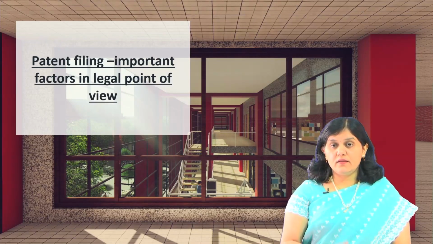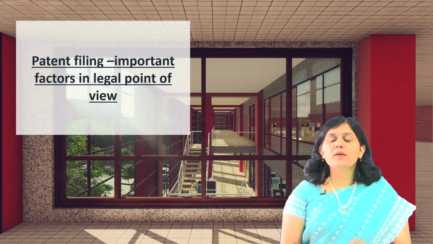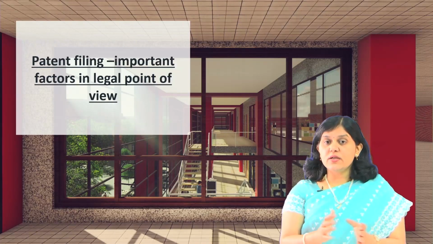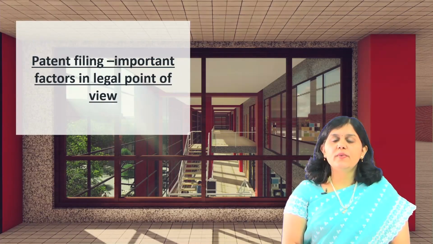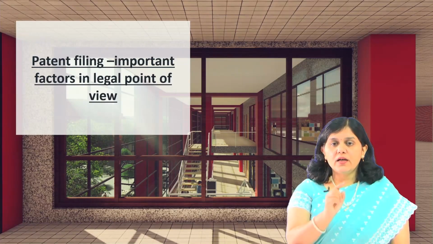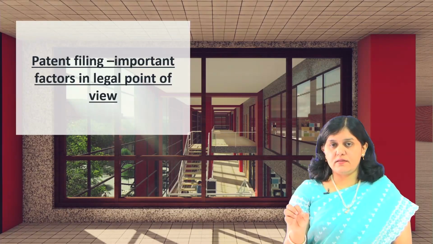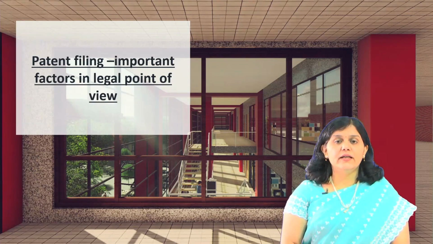Now again, the important thing is, if you are in an academic institute, there may be 4 inventors working, 1 or 2 professors and 2 students, that kind of combination. The better thing is, at the filing of the patent only, you should clear how much percentage of work has been contributed by each person, right. That will help in the sharing of revenue or royalty at later stages.